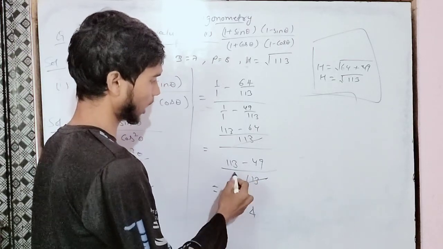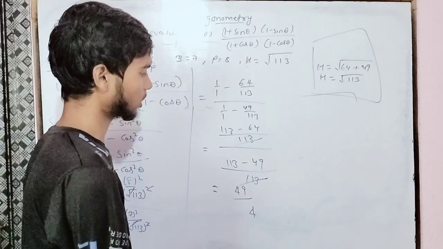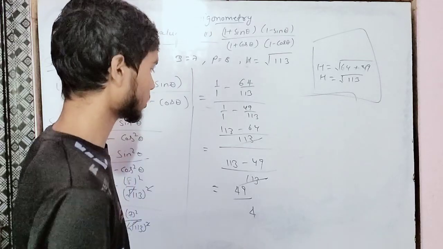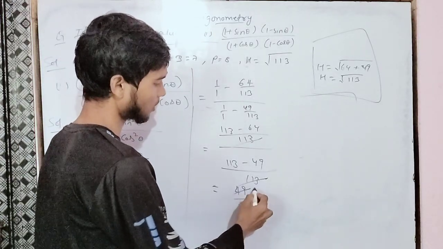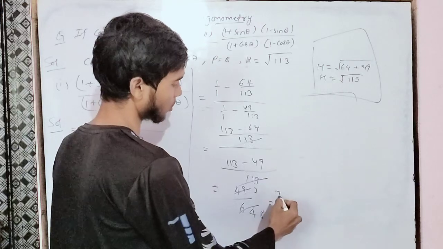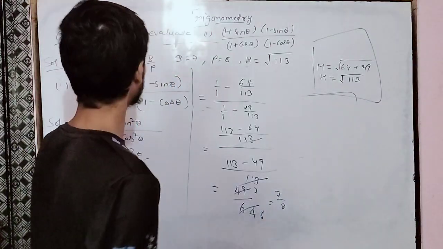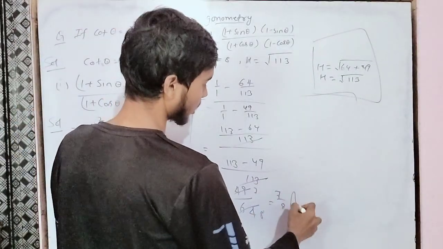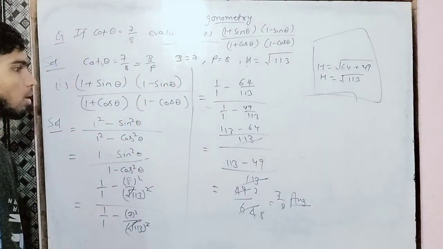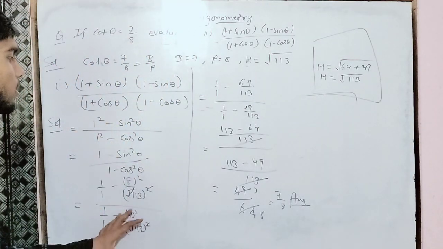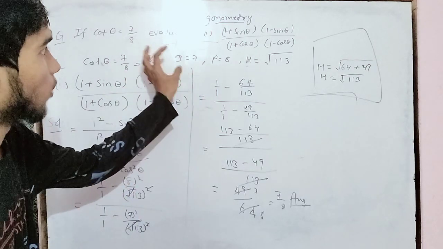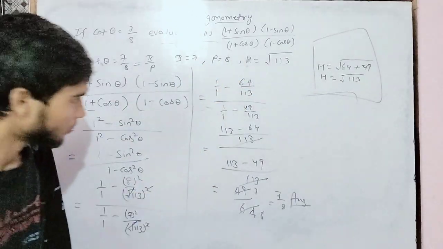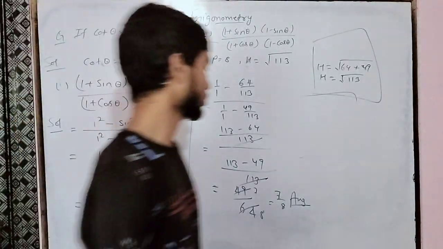So 7 sevens are and 8 eights are. So 7 upon 8. 7 upon 8. This is the value of cot theta. So our answer came 7 upon 8, after solving this, after substituting the value of this. So just have a look.